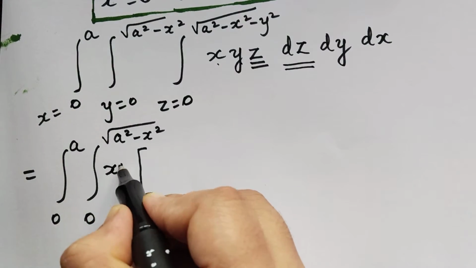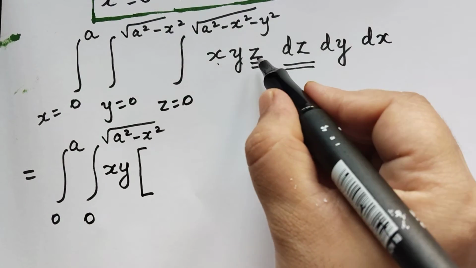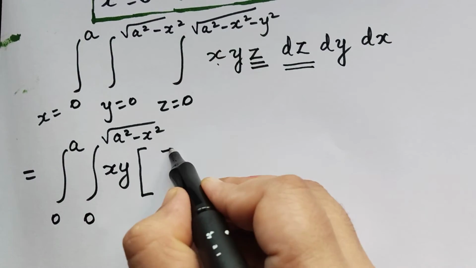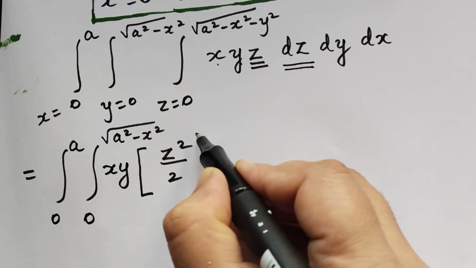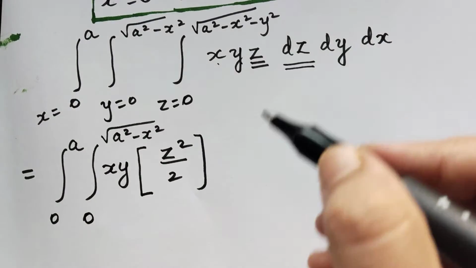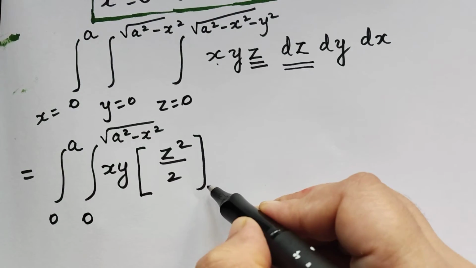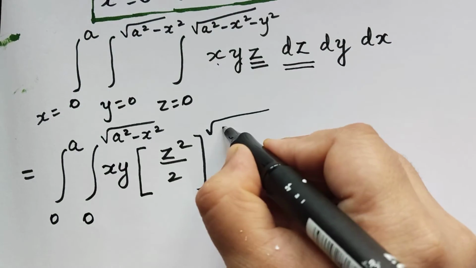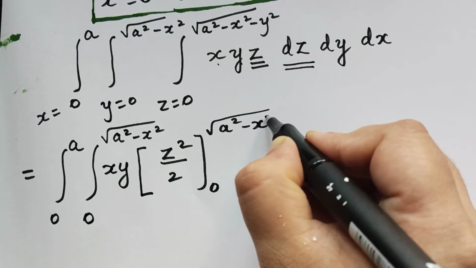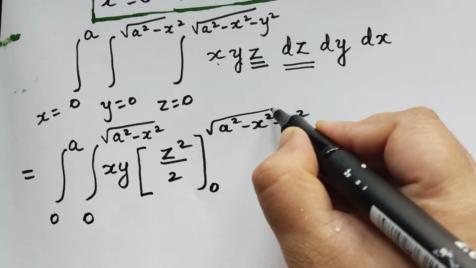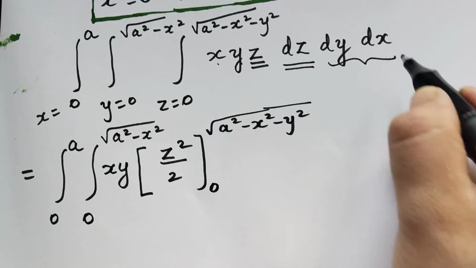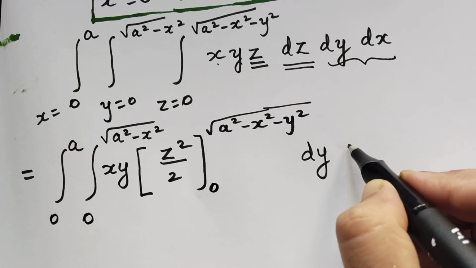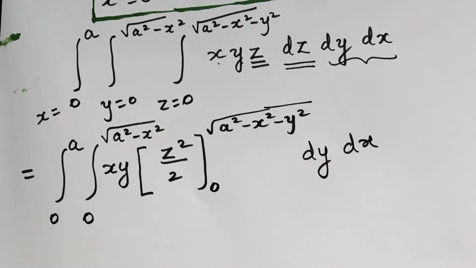In fact, you can write it outside here, and the integration of z is z square by 2, by the formula of integration, between the limits 0 to square root of a square minus x square minus y square, and we will be left with dy dx.